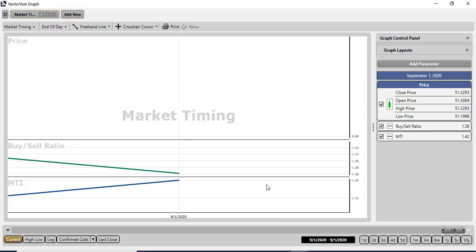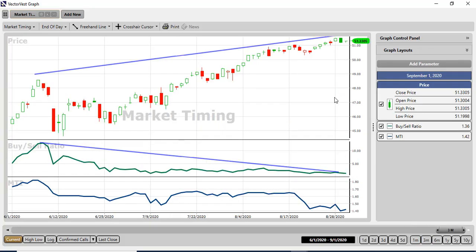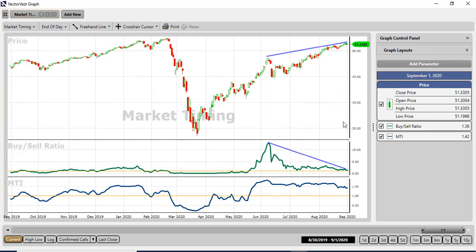We look at the American market. That's what it's done over the last little while. And this marked divergence between the price and the breadth of the market, the proprietary buy-sell ratio, is still in place. The momentum indicator, the market timing indicator, is also showing that divergence.